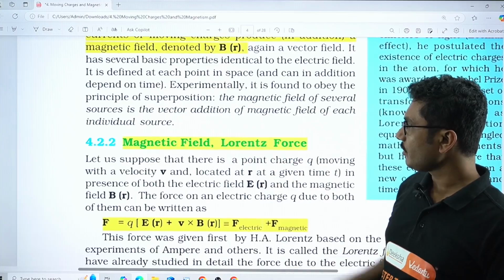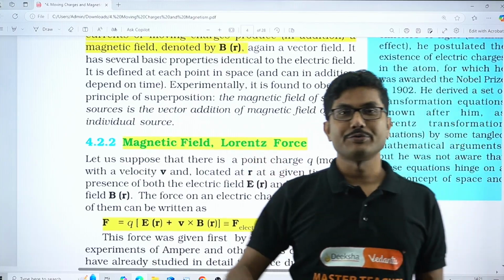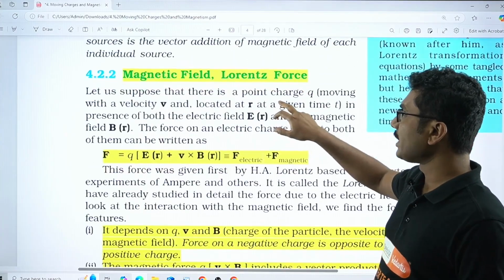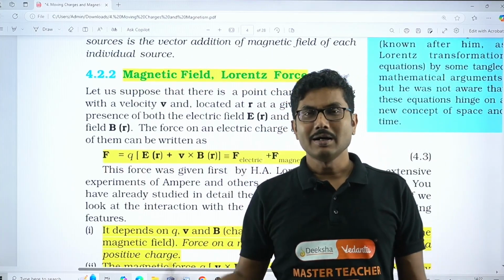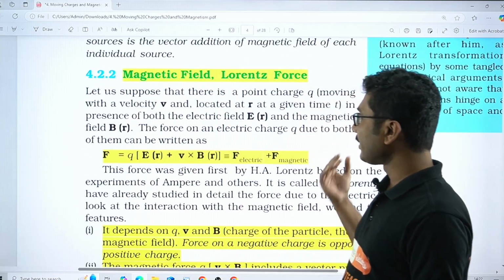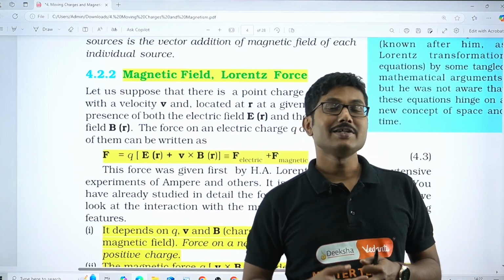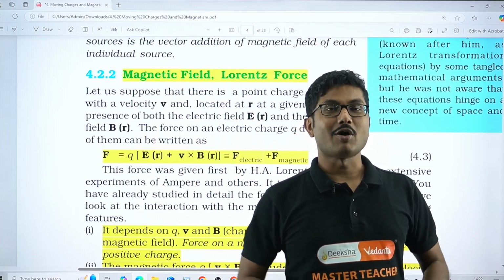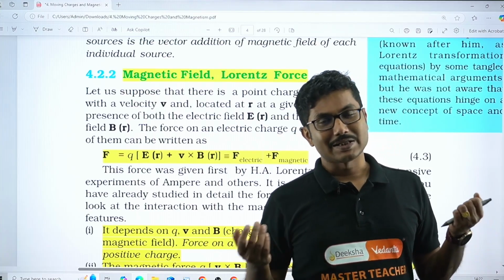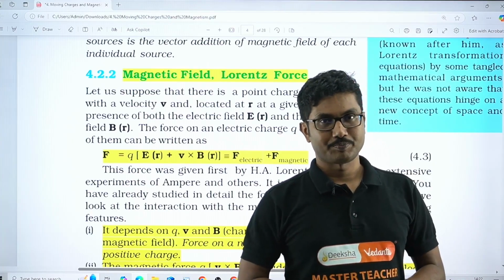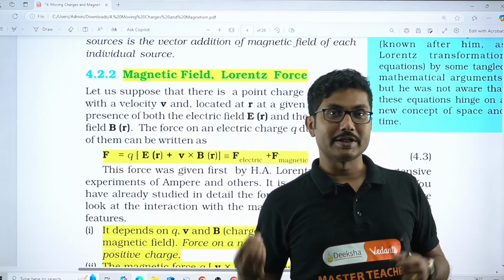Now, magnetic field and Lorentz force, this is a very, very important concept. A charge is moving in the presence of an external electric as well as magnetic field. Both external electric and magnetic fields are present, and the charge is also moving, it is not static.